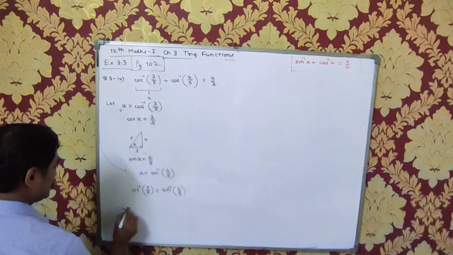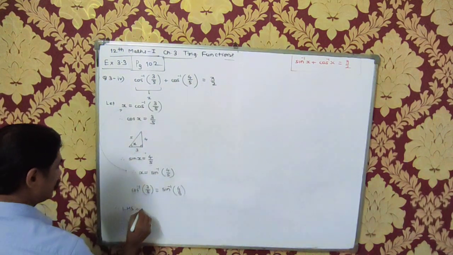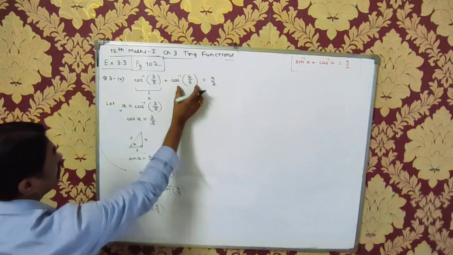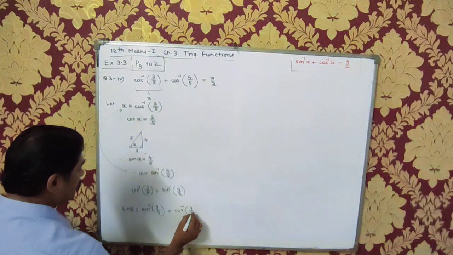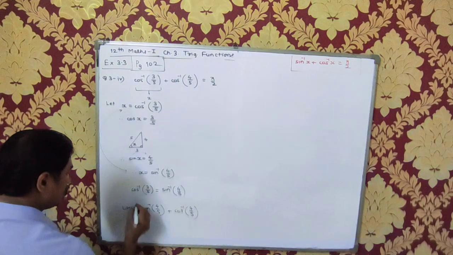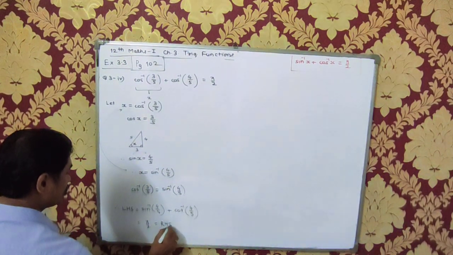So LHS is equal to sin inverse of 4 upon 5 प्लस ये अलग से है cos inverse of 4 upon 5, and then according to the formula sin inverse of x plus cos inverse of x is equal to pi by 2, and that is equal to RHS.